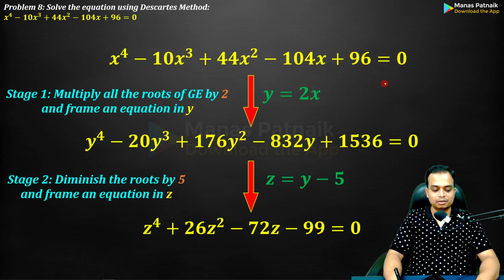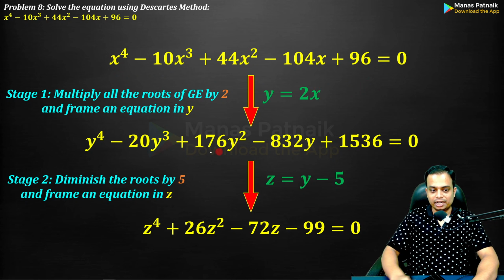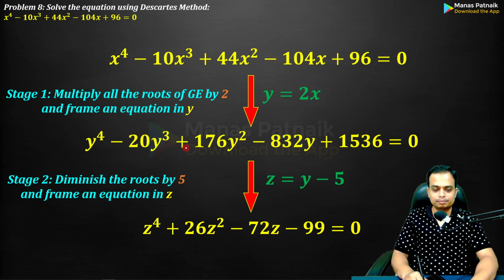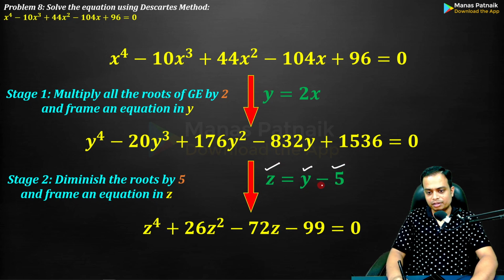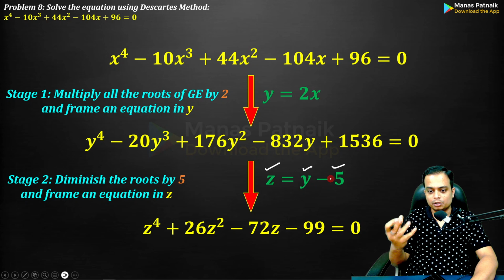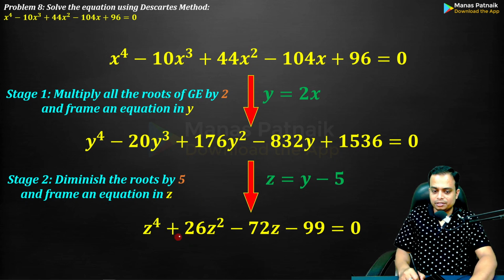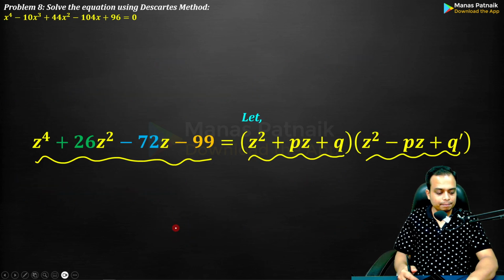We ensured that we have an equation in y where the roots are doubled 2 times. Then we diminished the roots by an amount of 5, to have an equation in z where z is y minus 5. This is our final equation, and we can clearly see that there is no z cube term, and hence we can go ahead and apply the Descartes technique.